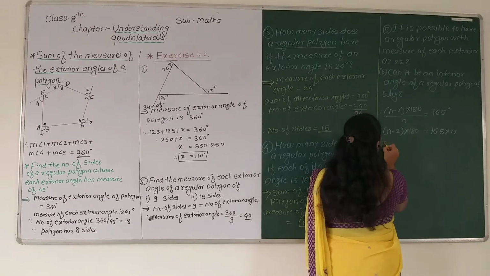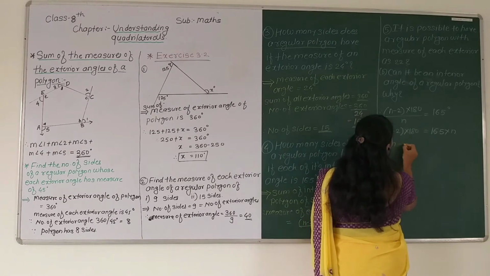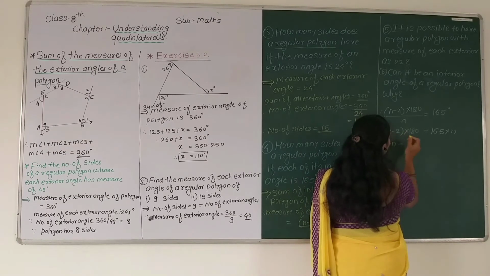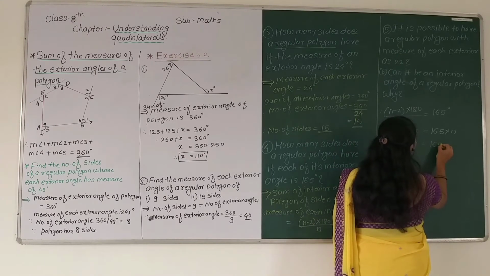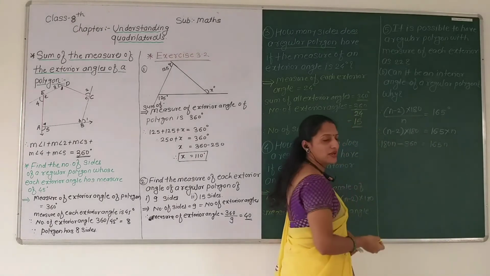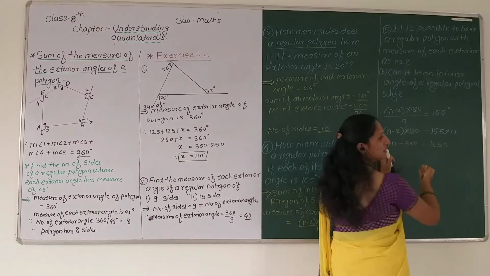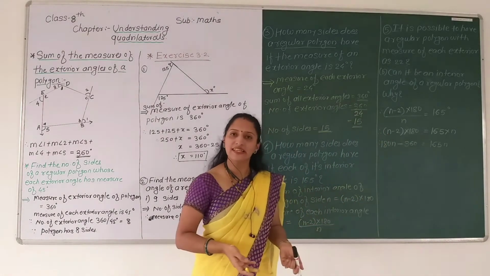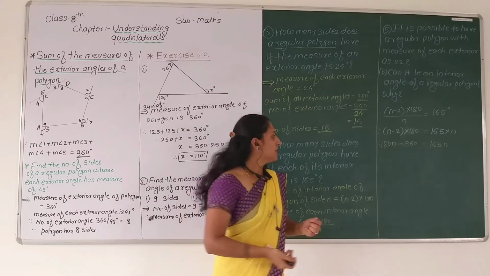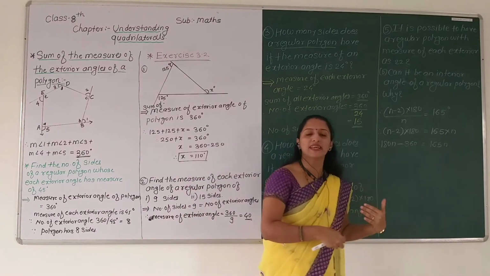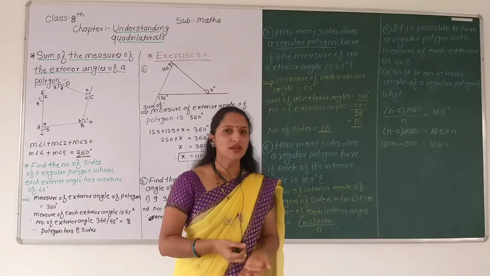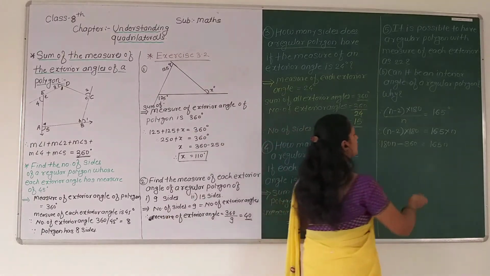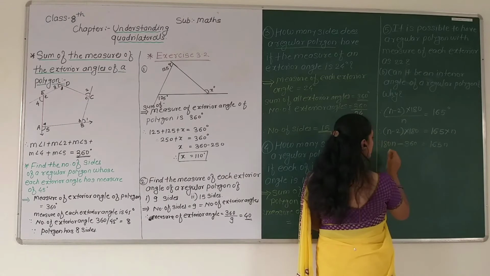We get 180n minus 180 into 2, that is 360, is equal to 165n. Now it is a linear equation, so how can we solve this? Just take all the variables on one side and the numbers on the other side. So transpose this 165n to this side.